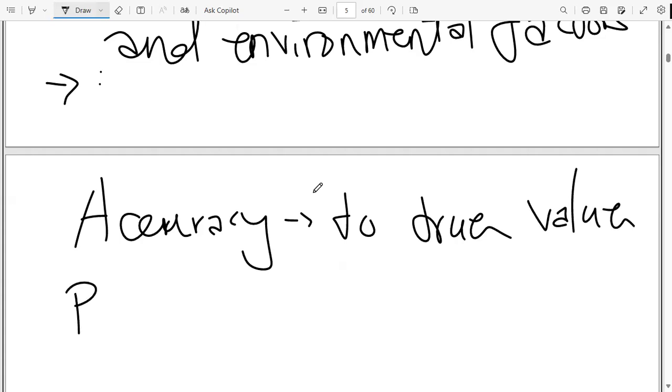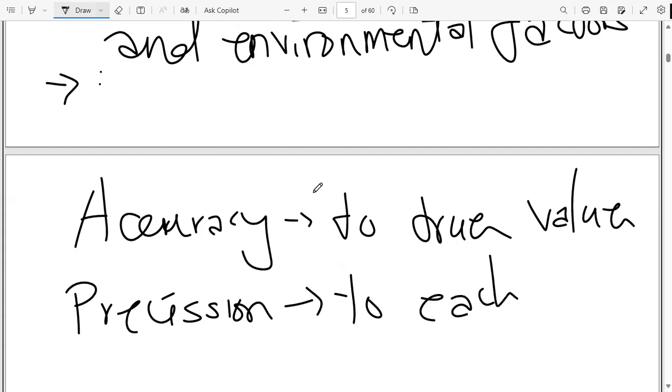Whilst if we talk about precision, we're talking about how consistent the repeated measurements are, or how close they are to each other, as opposed to how they are related to the true value. So to true value here, whilst here it's to each other.